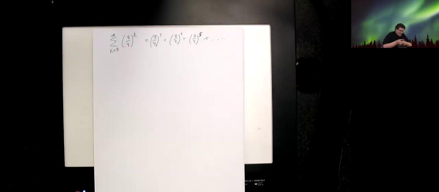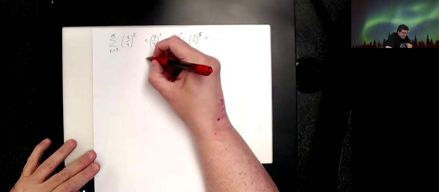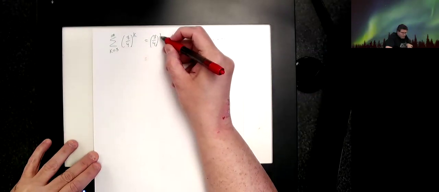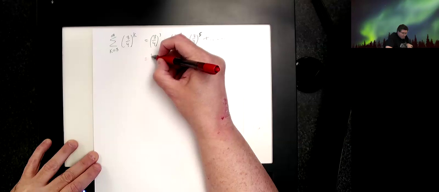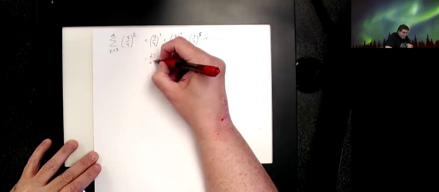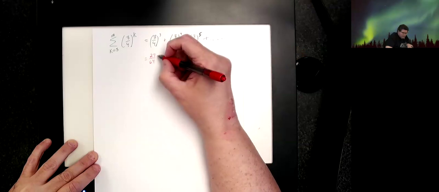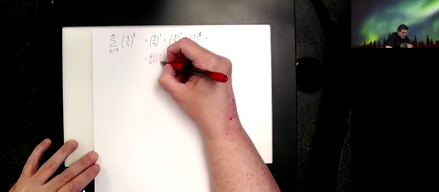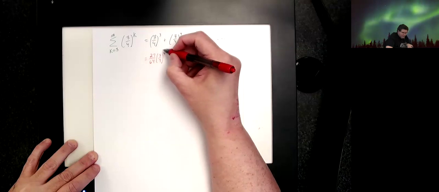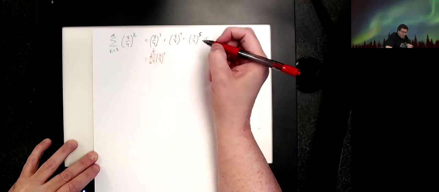If I rewrite this as, let's see, (3/4) cubed is 27 over 64. 27 over 64 times (3/4) to the 0. This is (3/4) cubed.